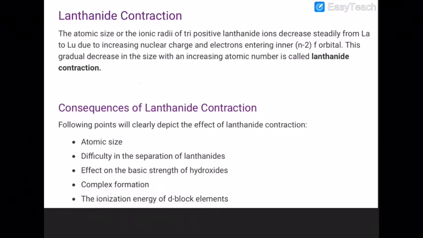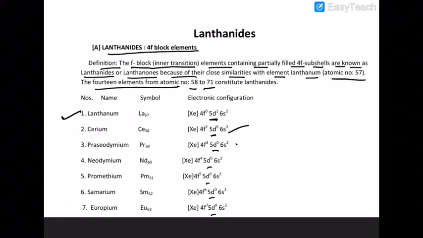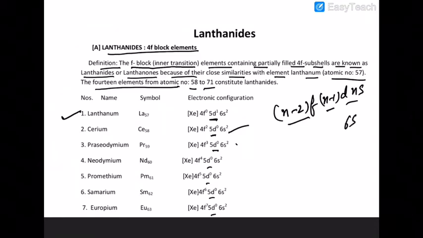Now, a very important property is lanthanide contraction, which we will study first. But before that, let's study some electronic configuration. The electronic configuration in this case will be (n minus 2)f, (n minus 1)d, ns. So 6s is there, 5d is there, and 4f is there.